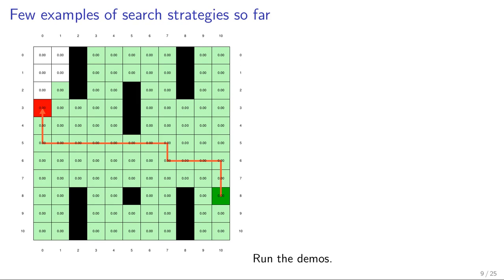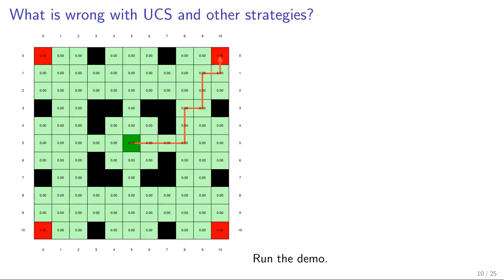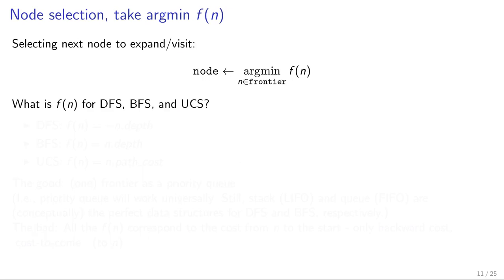Yeah, I think we have also run the demos. I think for you to get the idea, it's fine. So to get an overview, we had these three basic algorithms here, and the main difference between them is what they pick from the frontier, how they choose what they expand next.